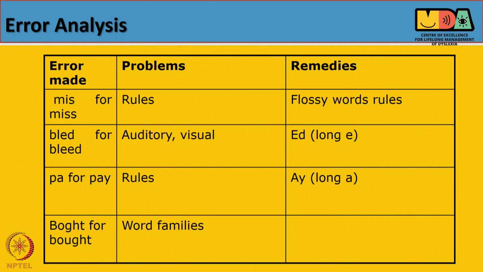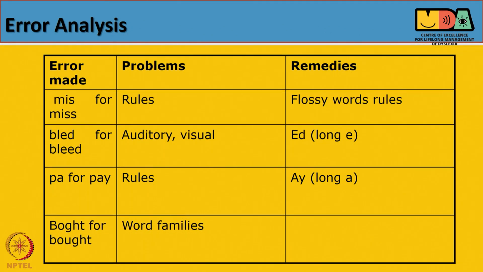So once you teach a child in a structured way the Flossie rule, which says that when you have a single syllable word with a short vowel sound ending in F, L, S and Z, then the last letter has to be doubled. Once you teach them this rule, the child will be able to correct himself.